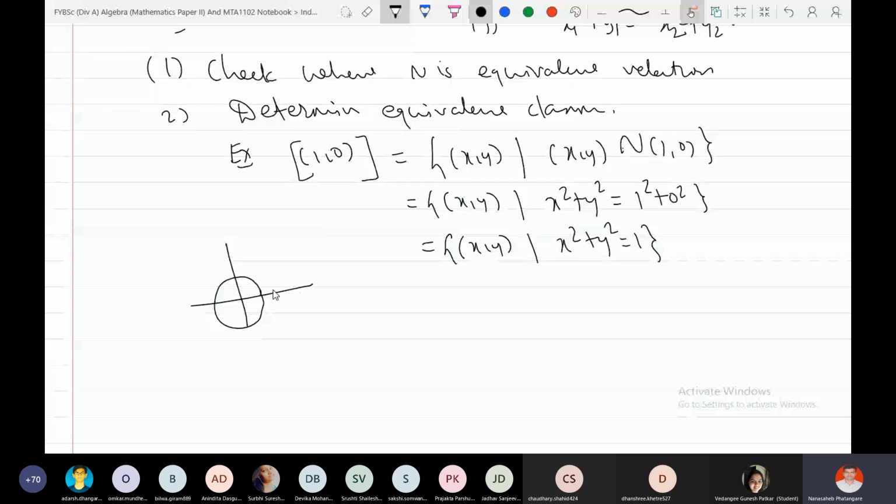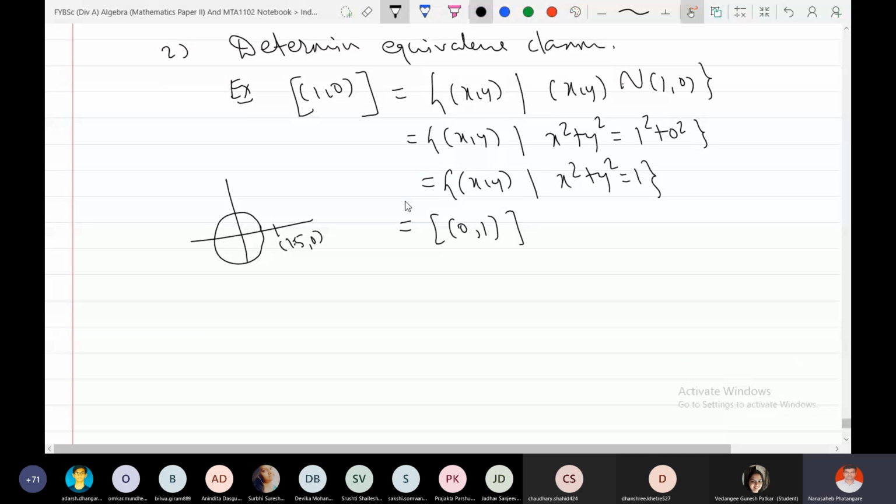Similarly, what is the equivalence class of (1.5, 0)? We can find. Our equivalence class of (1, 0) is the same as the equivalence class of (0, 1), right? Because (1, 0) and (0, 1) are in the same class, therefore their class is the same. That we'll see in general detail.